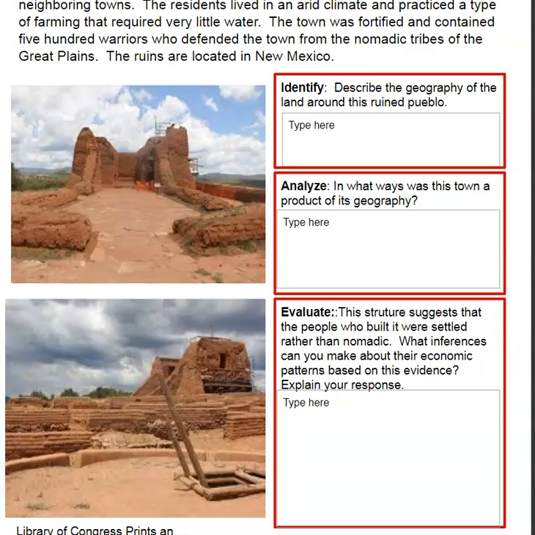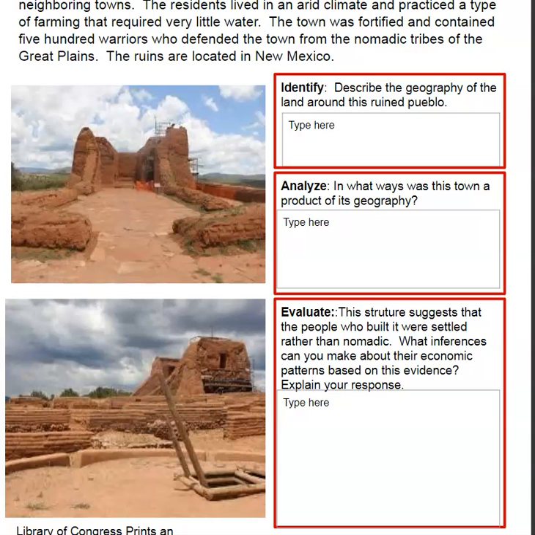On this bottom picture, you see them digging down into the ground and perhaps storing things where it's going to be cooler underneath the ground. It could also be maybe a defensive measure. So this is a really interesting thing when you get to the evaluation part.